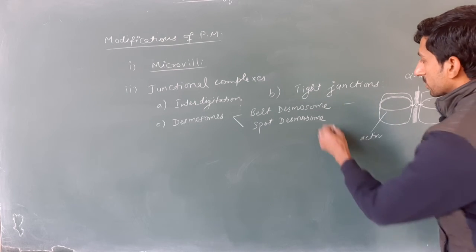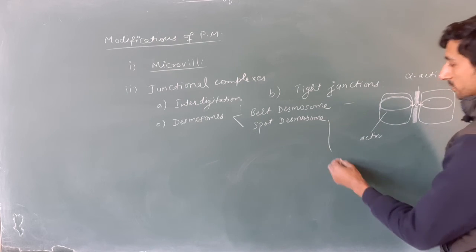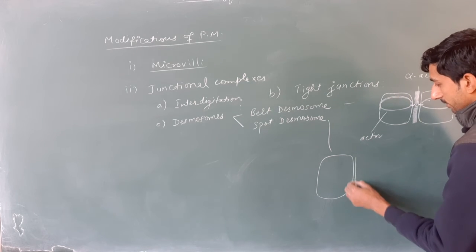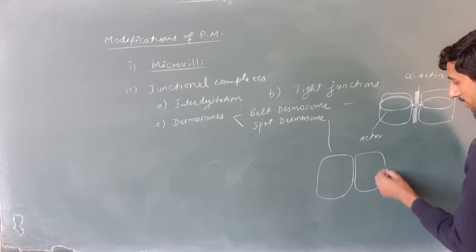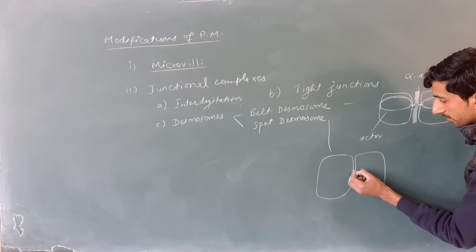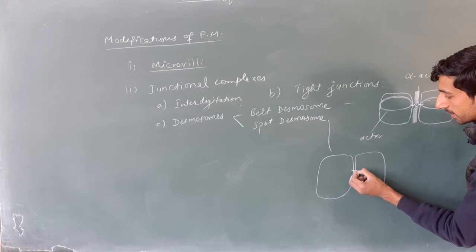Second is spot desmosome. In case of spot desmosome, there are two cells. Their membrane proteins are making connections.